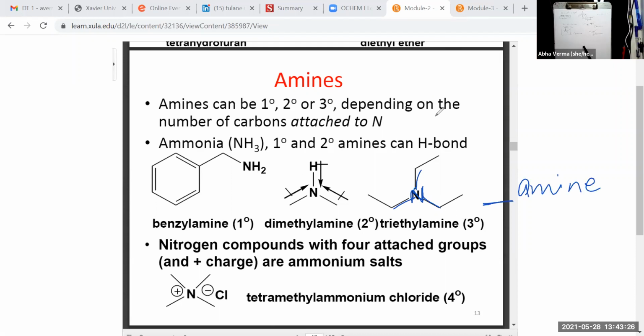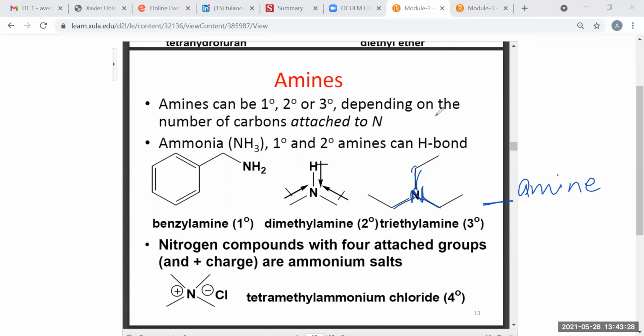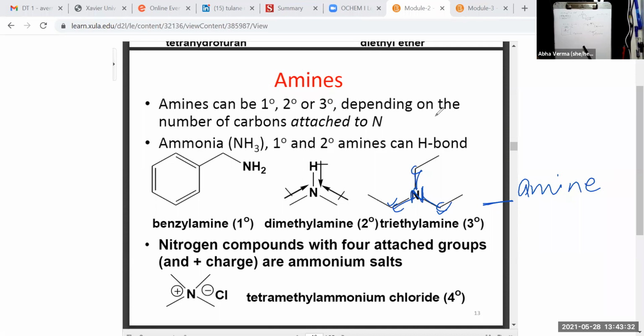But what kind of amine is it? Tertiary. Very good. So it is connected to 3 other carbons, and so I'm going to label it as a tertiary amine. So all amines need to be classified based on how many carbons are attached to the nitrogen.